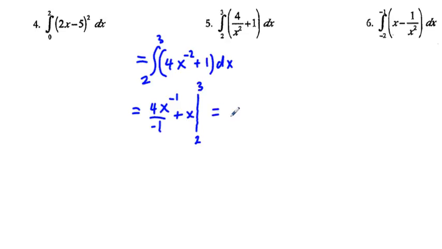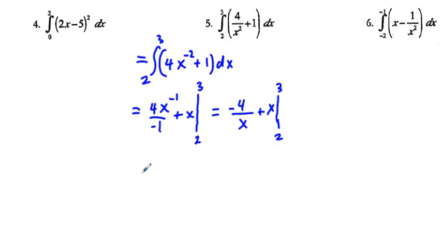And now just continuing to the right, we're going to get this 4 over negative 1, x to the negative 1. Well, that's going to be negative 4 over x. So we're going to have plus x, excuse me. And evaluate all this from, again, 2 to 3.